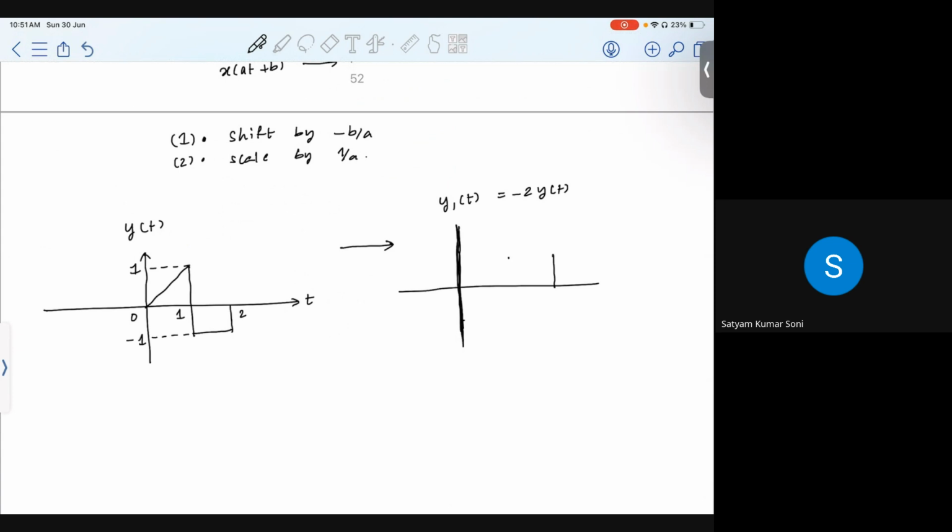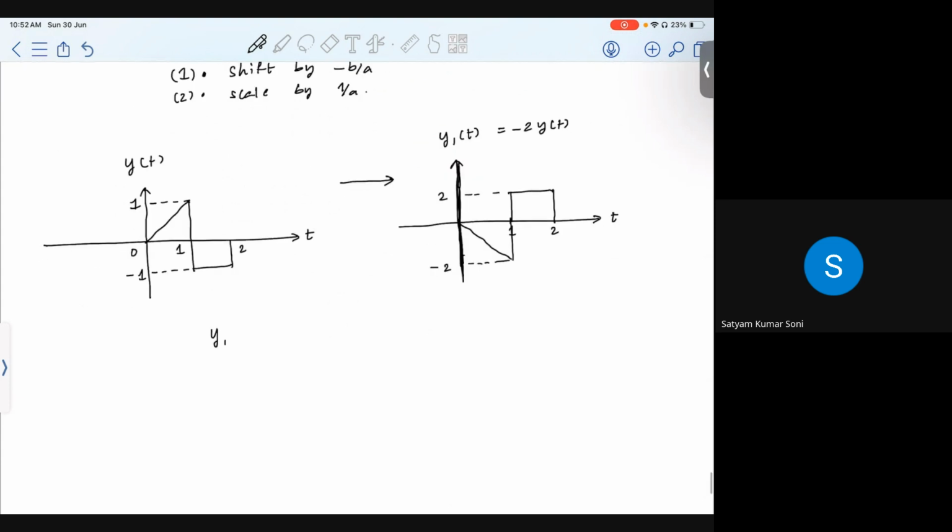Definitely from 1 to 2, it is now plus 2. This is y1 of t. Is this okay until here? Yes, ma'am. So I just multiplied the amplitude of y of t by minus 2. That gives you y1 of t.